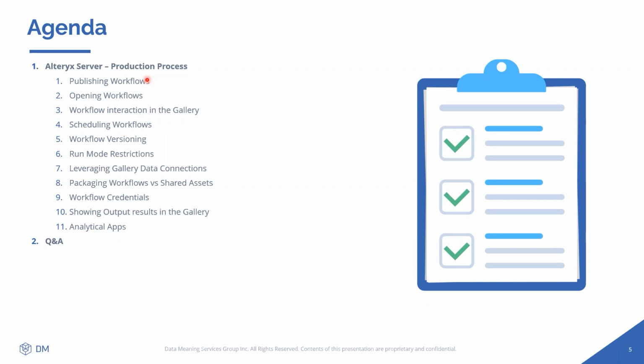A lot of these subjects we talked about during our previous sessions, but the idea here is for me to show all the aspects from the Gallery point of view, but also the Designer point of view. We're also going to be talking about credentials and how to show outputs in your Gallery. And last but not least, I'm going to give you a high-level overview of an analytical app. So what that actually means and what it actually is as well.